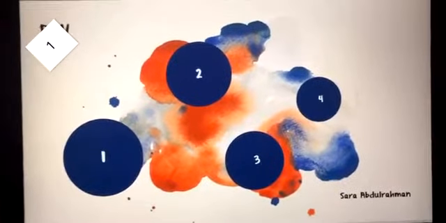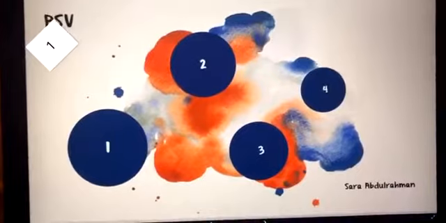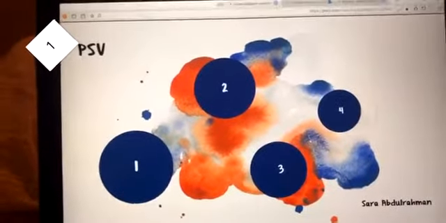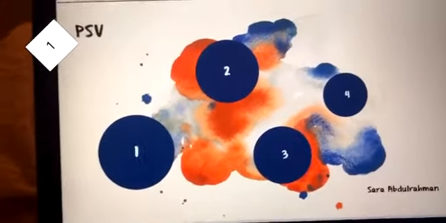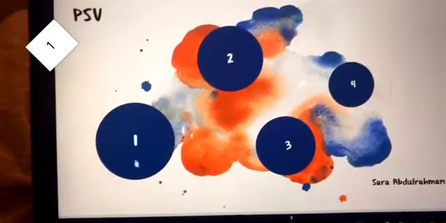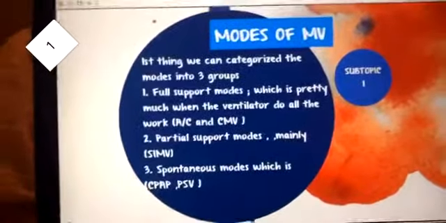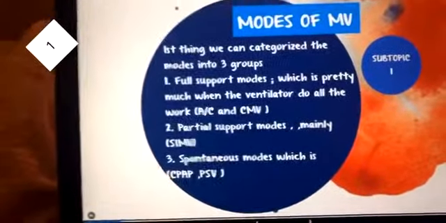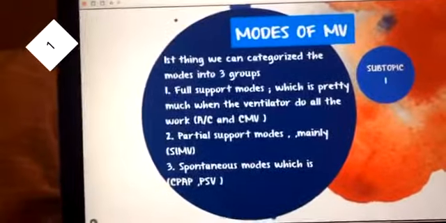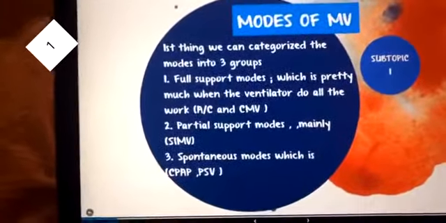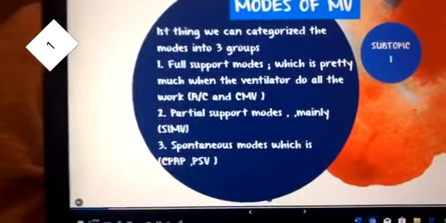بغطي موضوع ال Pressure Support Ventilation Mode. بس قبل ما أبدأ بالdefinition and how it works and the advantages and disadvantages of this mode, I'll move to modes of ventilation in general. We can categorize them into three groups or three categories. We have the full support modes, the partial support modes, and the spontaneous modes.